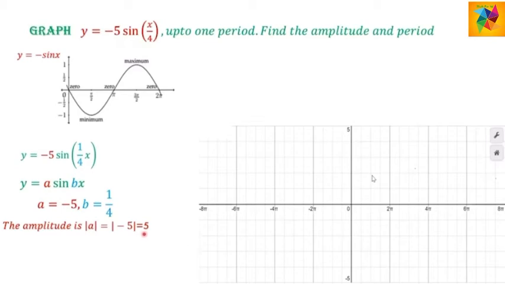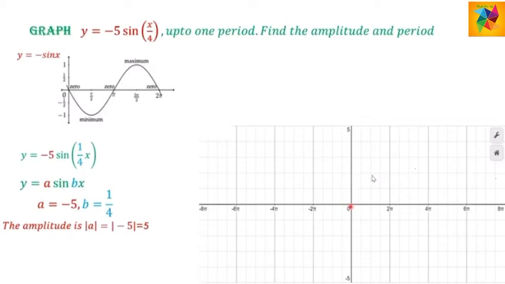So what's really the meaning of the amplitude? The amplitude is basically telling us that when we start at the origin or the midline, we go up to the maximum point, and the length from the midline to the maximum is our amplitude.